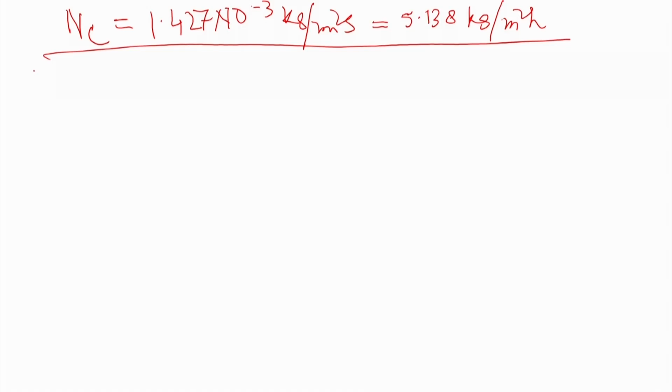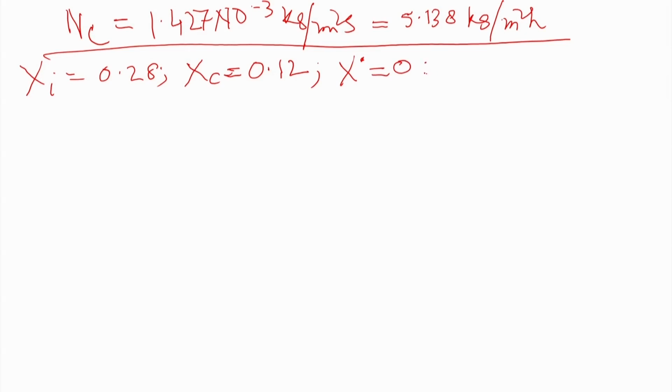Now, we have Xi that is 0.28, then Xc we have 0.12, then X star, that is equilibrium moisture content, is negligible.